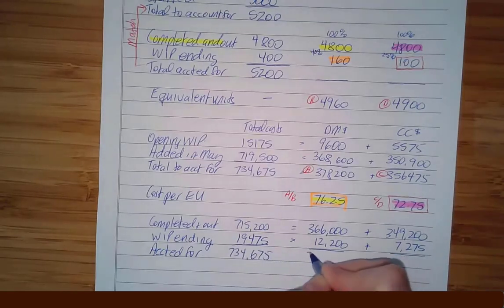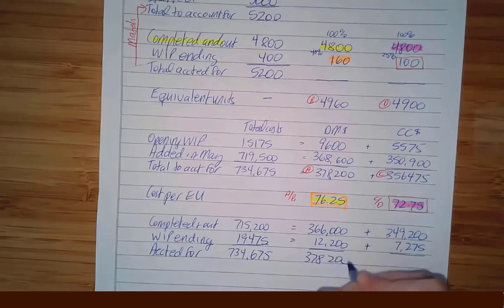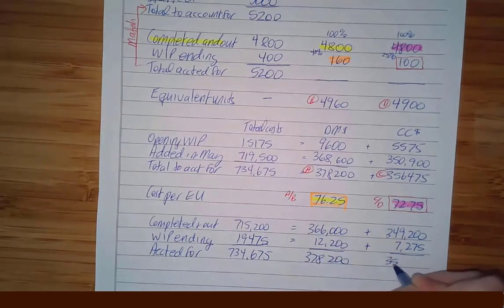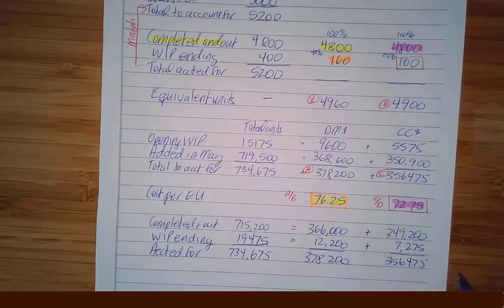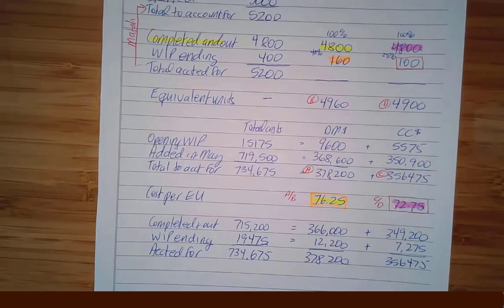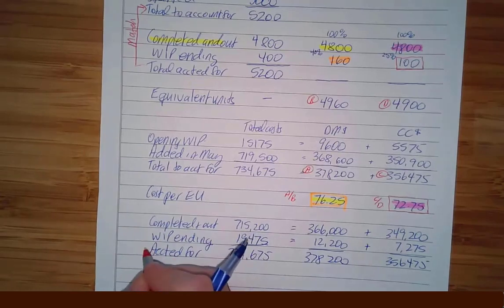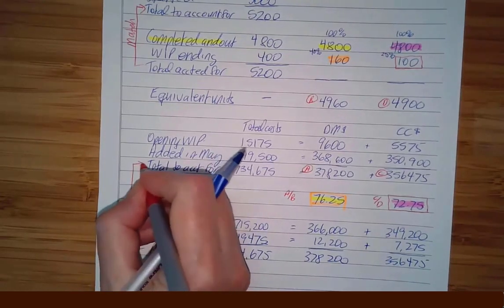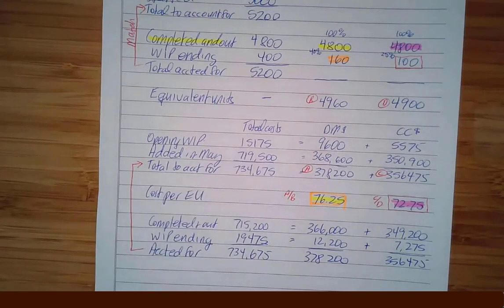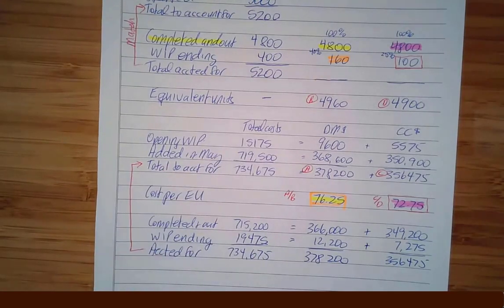This is equal to 378,200. And this is equal to 356,475. So I know that this process worked perfectly because I can see right away that the accounted for is equal to the total to account for. So now I have appropriately allocated the cost to the units that are finished and the units that are still sitting in the production process.